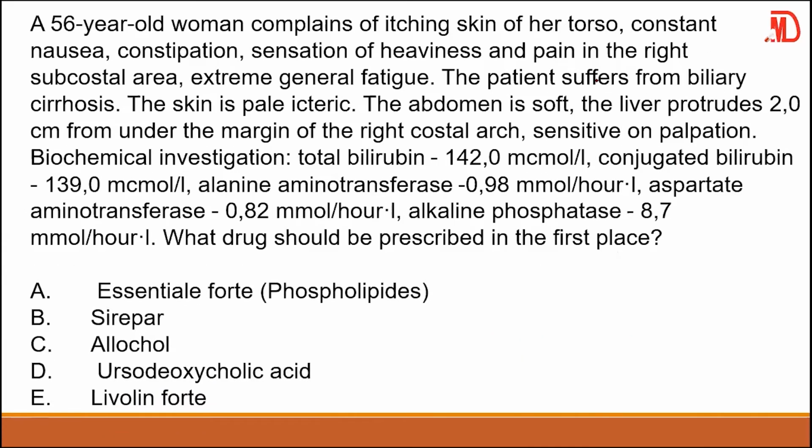A 56-year-old woman complains of itching skin of her torso, constant nausea, constipation, sensation of heaviness and pain in the right subcostal area, extreme general fatigue. The patient suffers from biliary cirrhosis, so scarring in the biliary duct.